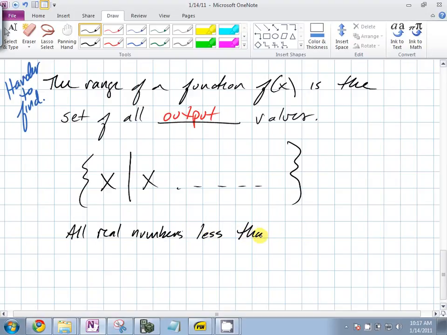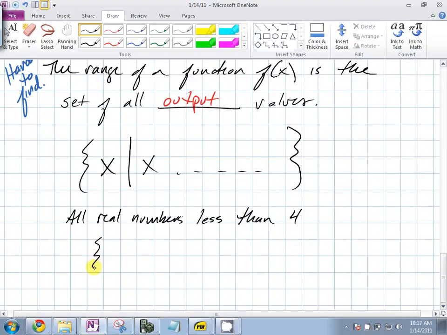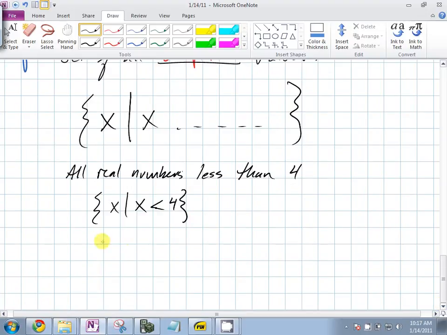What's another way to write that? x such that x is less than 4. And another way to write that is this. This we're going to call sentence form. We'll call this set notation.